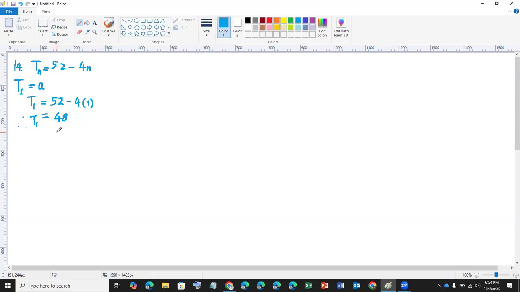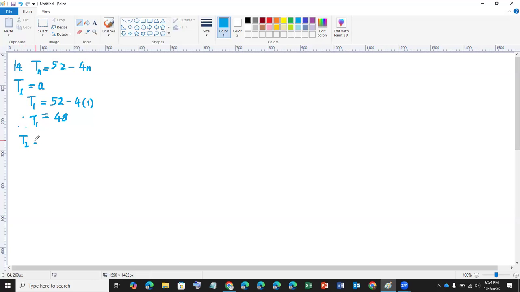Do you agree with that? Yes, we solve T1 and T2 and then subtract. Yes, sir. So now that we know T1, all we now need to do is to find T2 and do the subtraction.